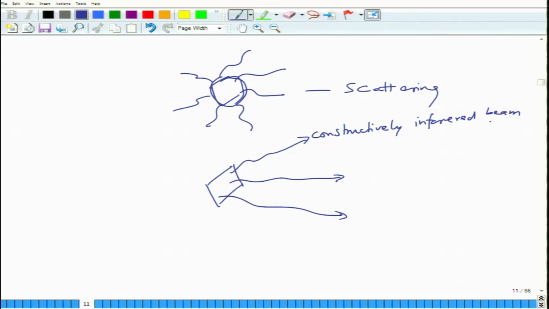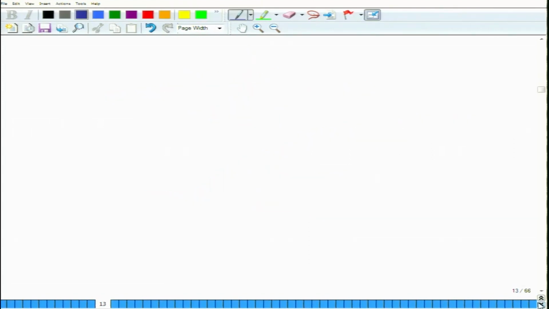So, only at these positions will you have diffraction occurring. Okay. Constructive and destructive interference, I am sure you know from basic physics, so let us not get into that.